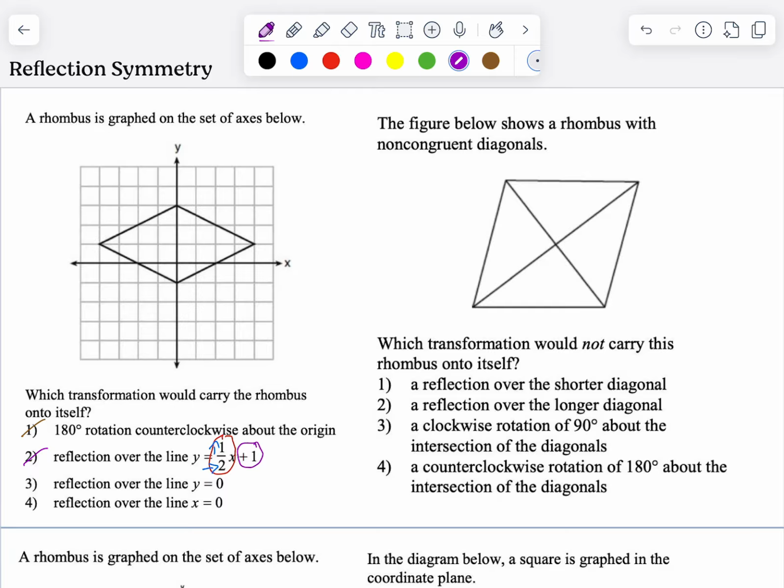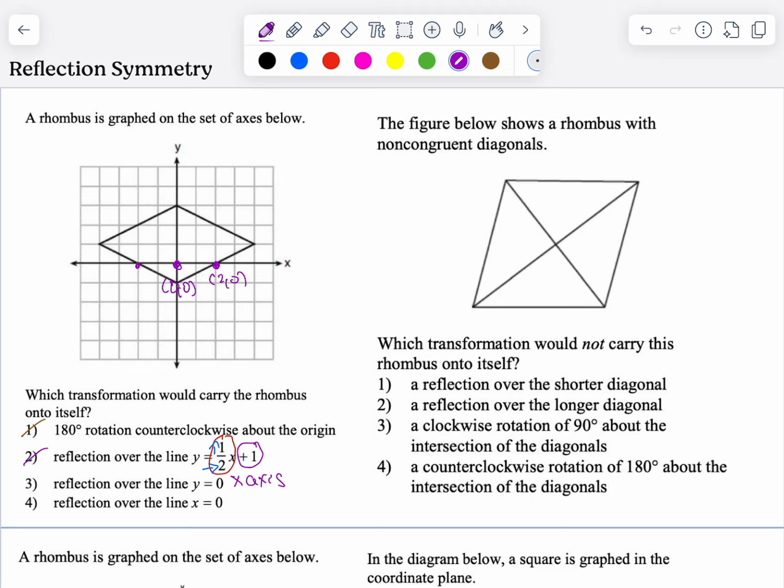So the line y equals 0 is the line where all of the y coordinates are 0. So that is actually the x-axis, because if I take any point on the x-axis like this point, that is the point 0, 0, y coordinate of 0. If I take this point, 2, 0, y coordinate of 0.